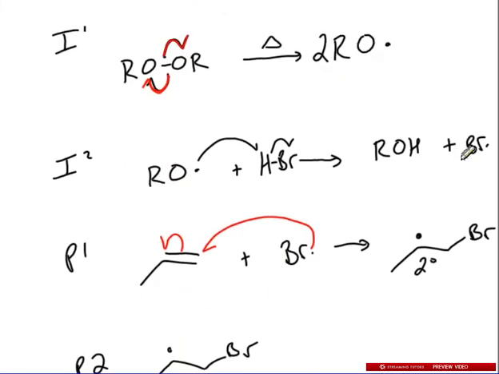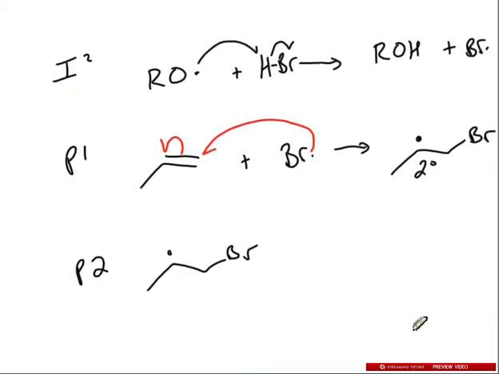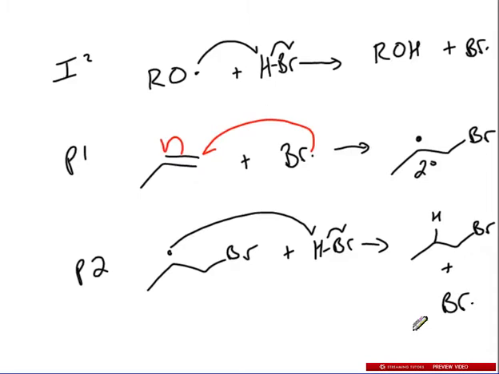So I'm not going to use the alcohol because that will bring me back into I2, because I'll make this oxygen become a radical. Instead, if I write plus HBr, then this carbon hits the H and the Br becomes a radical. Now I've made my product, plus Br radical.